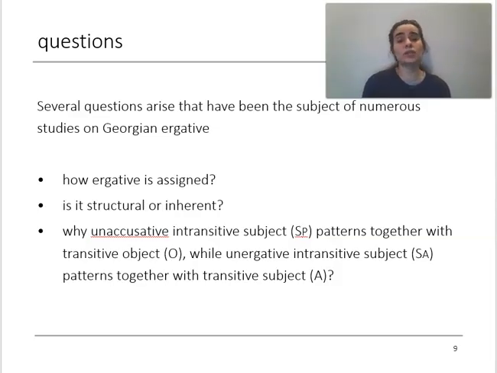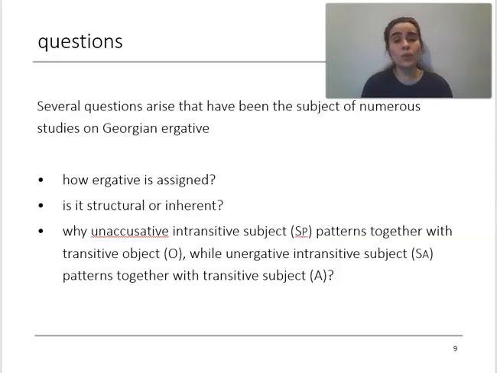So several questions arise that have been the subject of numerous studies on Georgian ergative. And these questions are as follows: how is ergative assigned? This is a question which is very challenging, because Georgian ergative shows mixed properties.